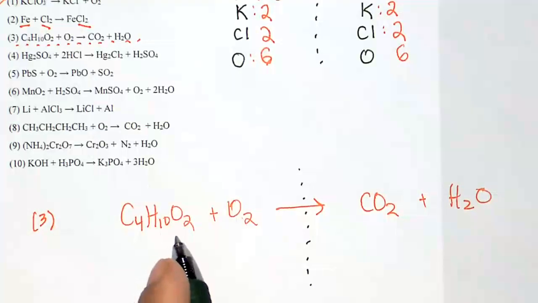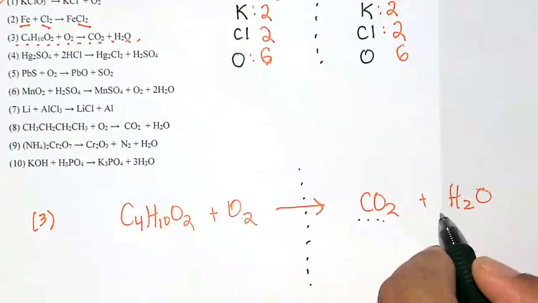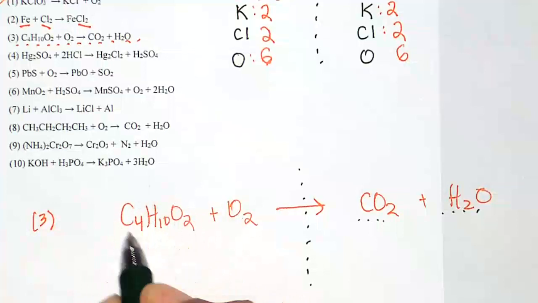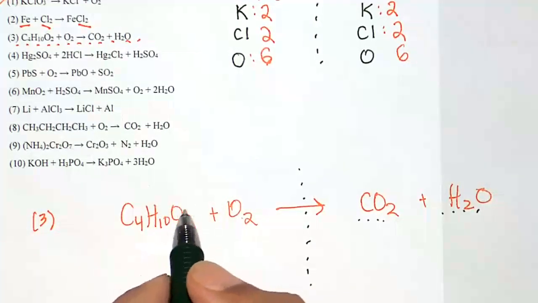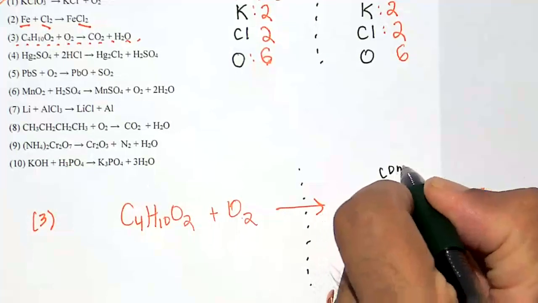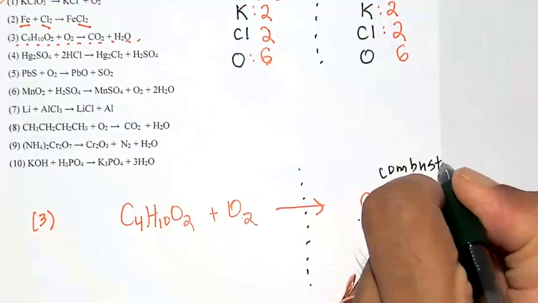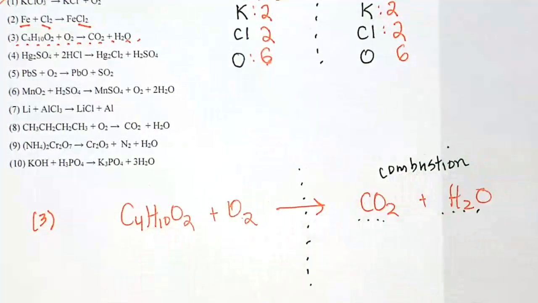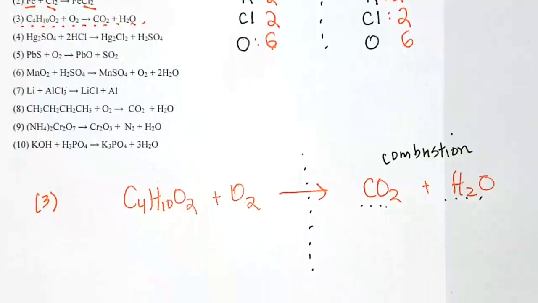By the way, this is called a combustion reaction. Anytime you see a CO2 and water and one of these carbon, hydrogen, oxygen molecules with oxygen, we call it combustion. This is not something you need to know now, but I'm just mentioning it.